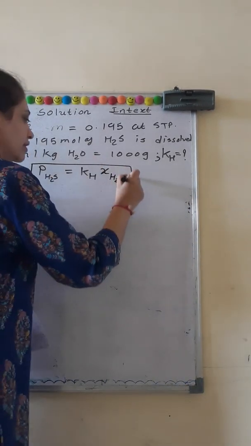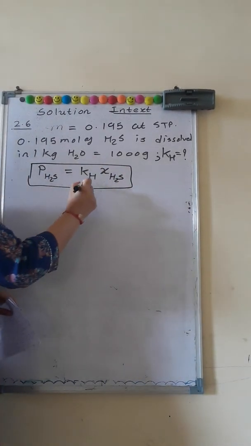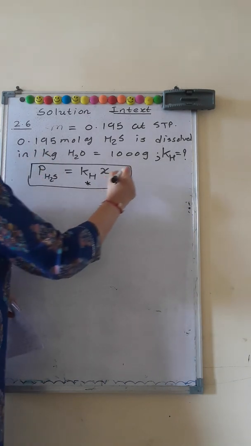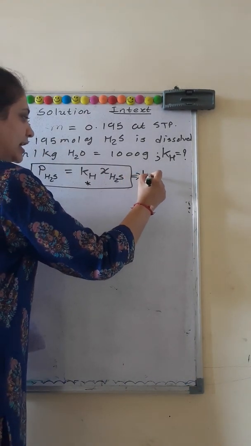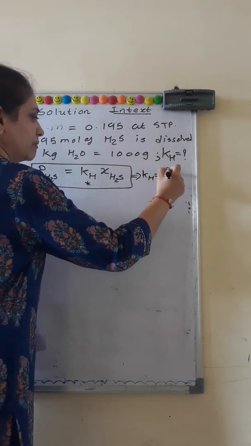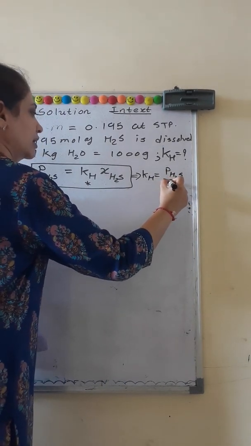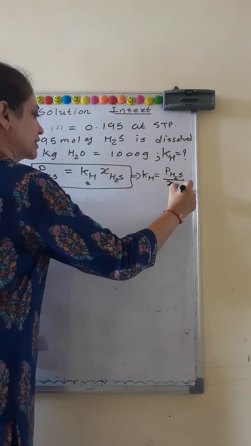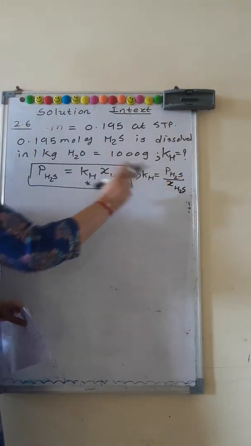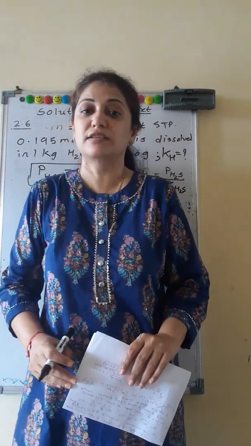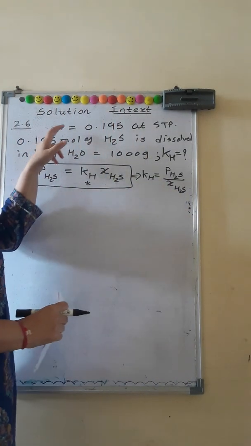This is our formula by which we can calculate Kh, which implies that Kh is equal to P of H2S upon chi of H2S.